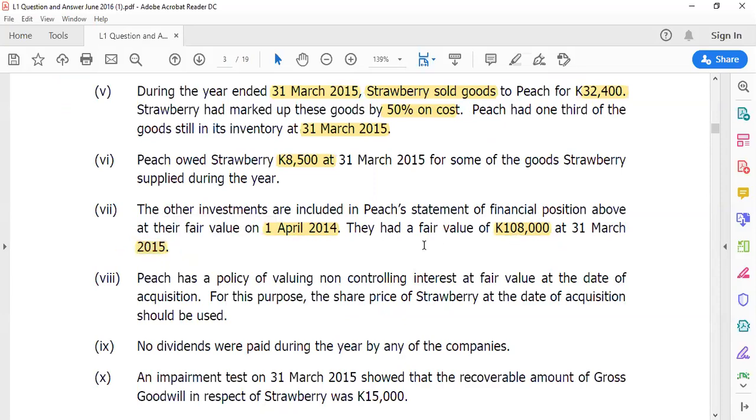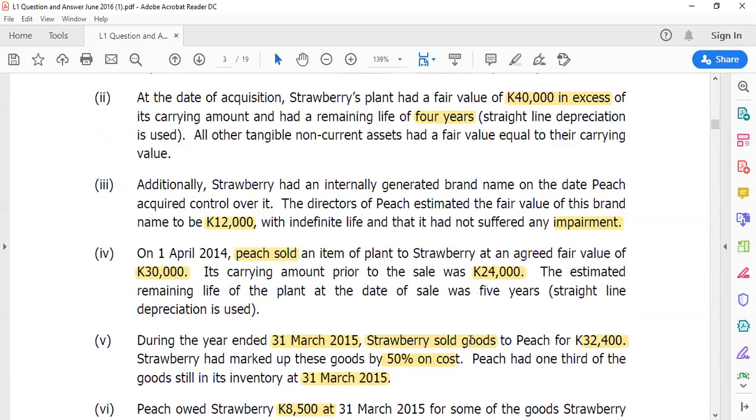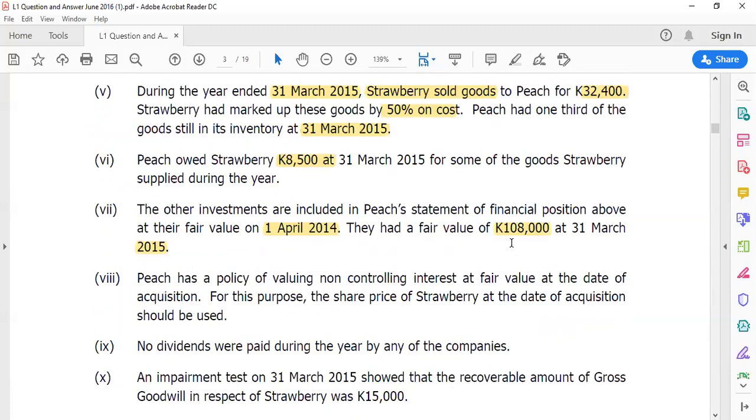The other investment was 78 at acquisition, but at the date of report the fair value was 108. What that means is that there was a gain. 108 minus 78,000 gives 30,000. So 30,000 was the gain on other investments. Simply show it in the SFP.